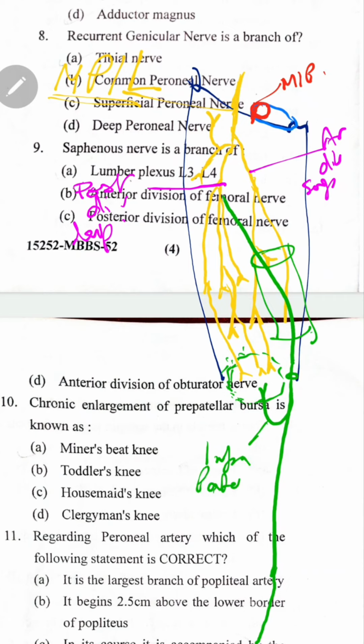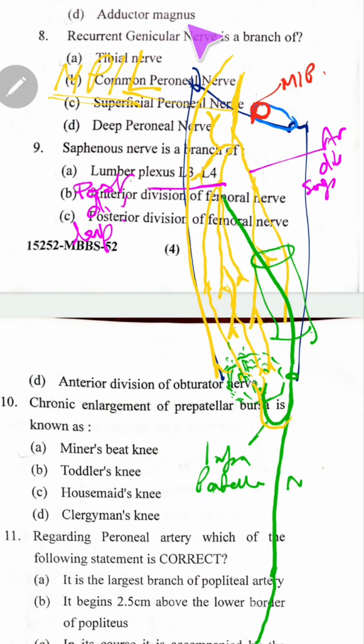All these: the medial cutaneous nerve of the thigh, the intermediate cutaneous nerve of the thigh, and there will be a lateral cutaneous nerve. Remember, that is a separate nerve from the lumbar plexus, the lateral cutaneous nerve of the thigh. The three cutaneous nerves of the thigh and this infrapatellar nerve together form the prepatellar plexus to supply the skin over the patella.